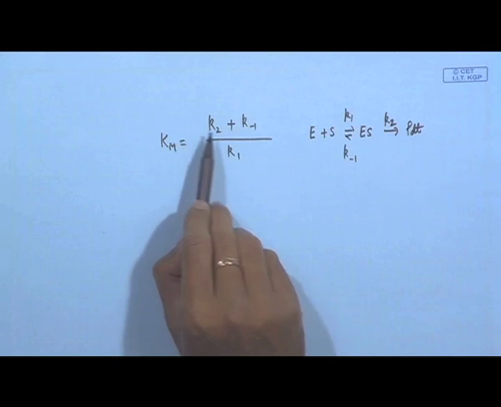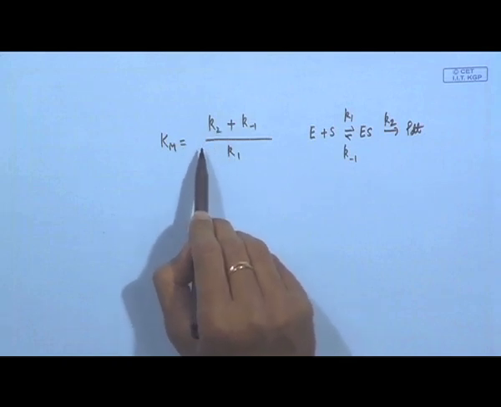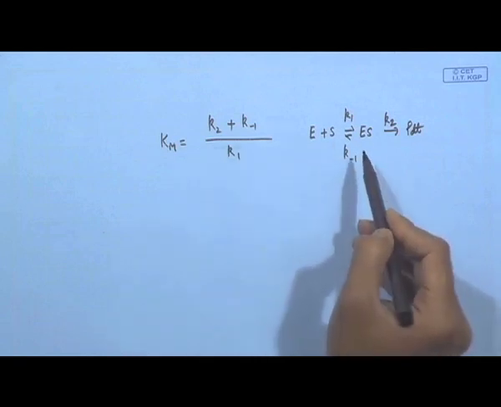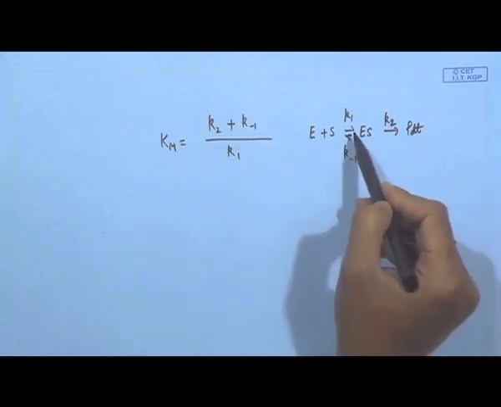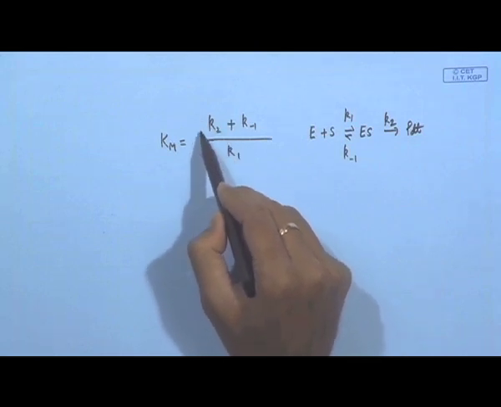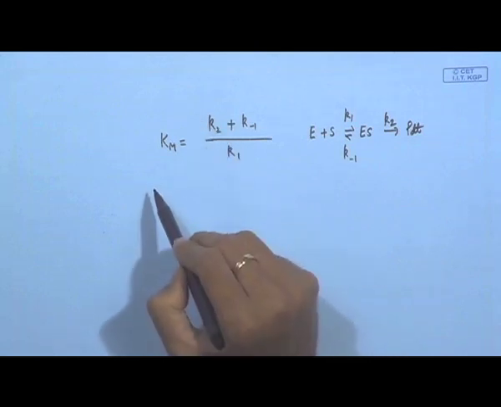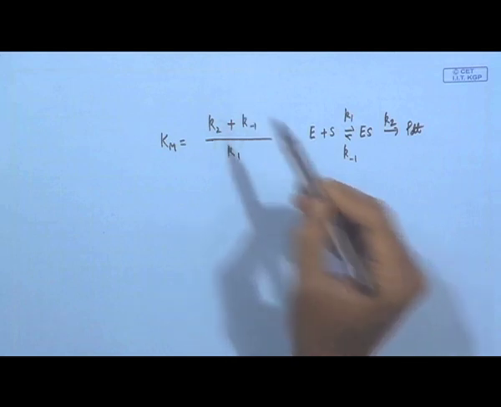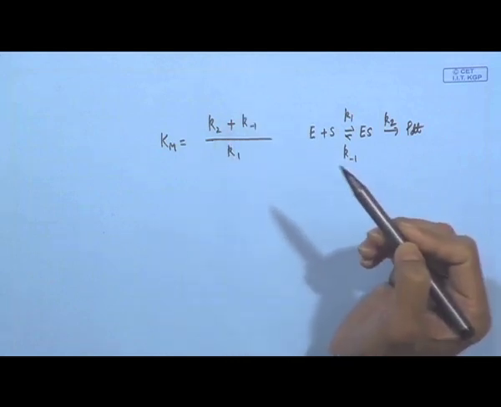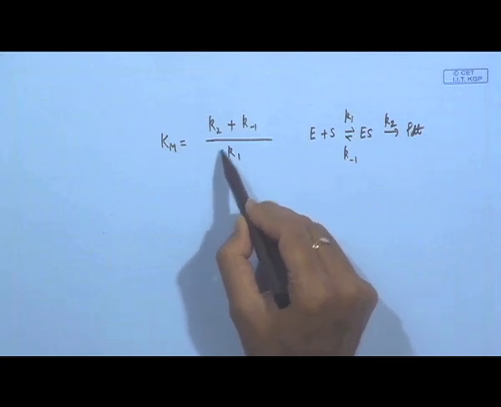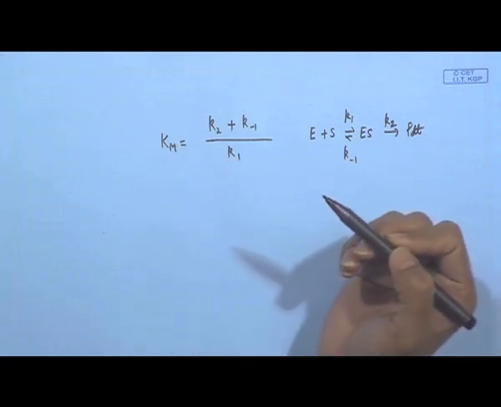So, high means, when this is high. High means it may be that this is very high, or maybe this could be very high, or in other words this may be low, so that this Km becomes high.